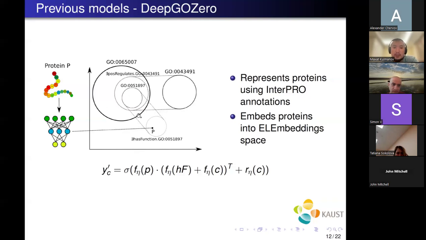Because this model allows, if you have the definition for a GO class, you can even learn an embedding without retraining the model from scratch. You can just use the embeddings and these transient properties to compute an embedding for this class, and then use this embedding somewhere here to do the prediction.